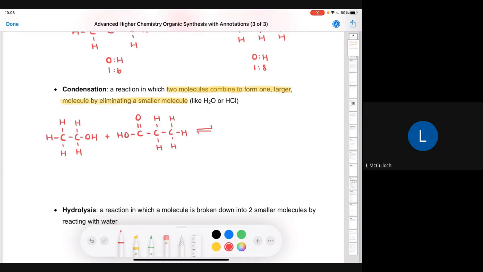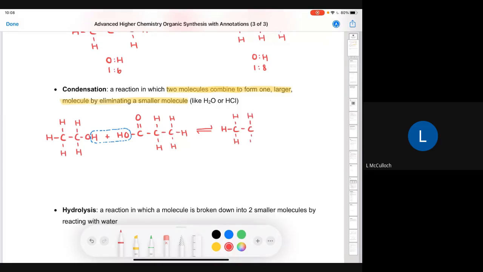And in this reaction, the hydrogen from the hydroxyl group will combine with the OH from the carboxyl group, forming water and bringing what's left of the alcohol and the carboxylic acid molecule together. So we are going to end up with an ester that looks like this.